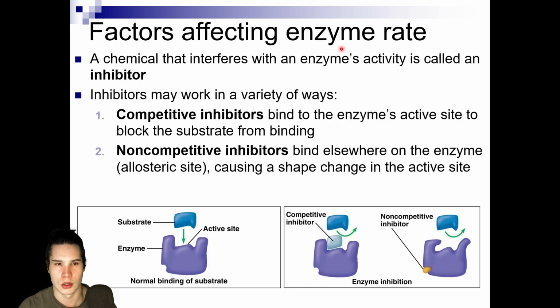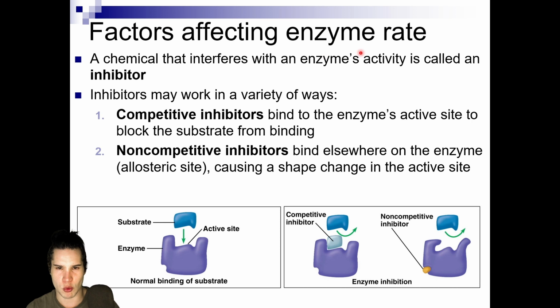All right, so besides the concentration of substrate, the temperature and the pH, there are other factors that can affect enzyme rate. And we're talking about a numbers game. Typically in a solution, you're going to have many enzymes, not just one enzyme.